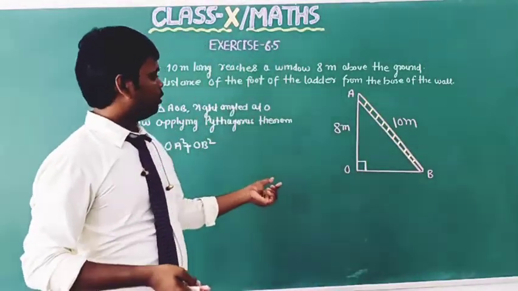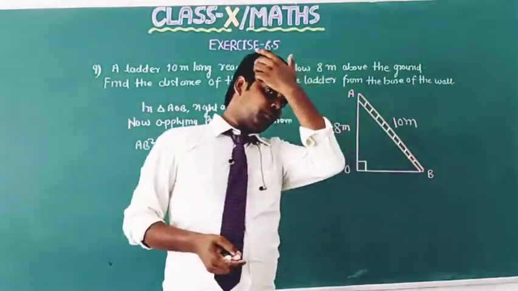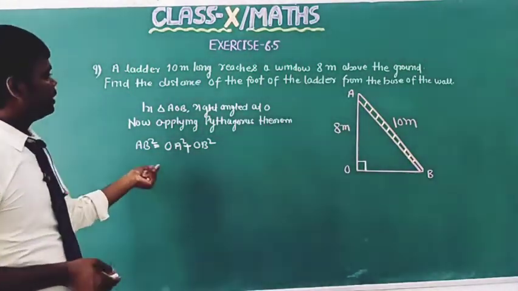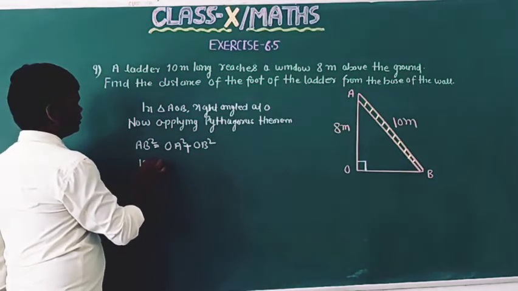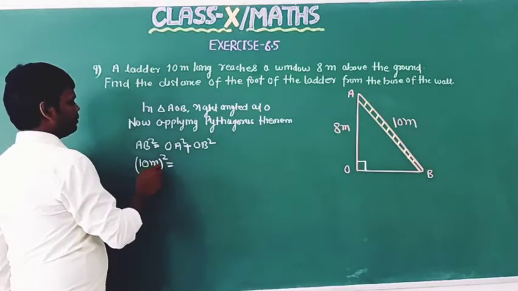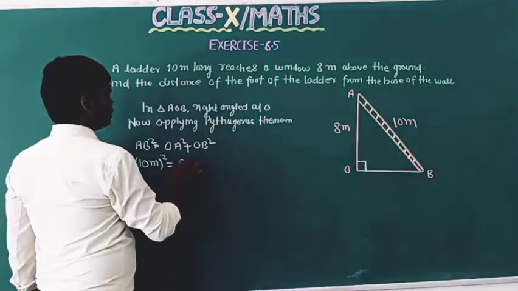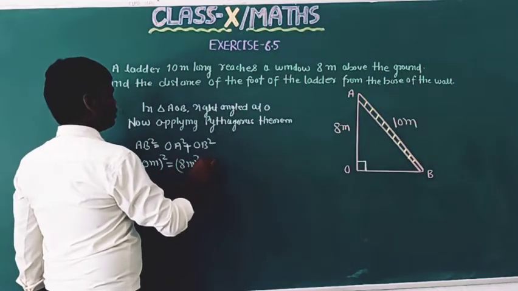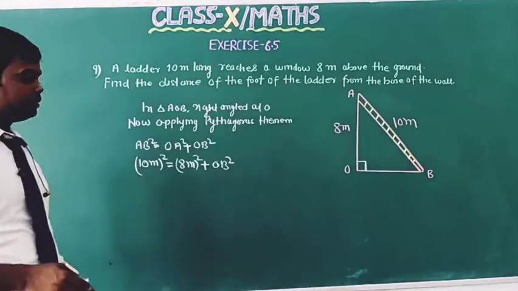So we have AB 10 meter, so this is 10 meter square, OA is 8 meter square, plus OB square.